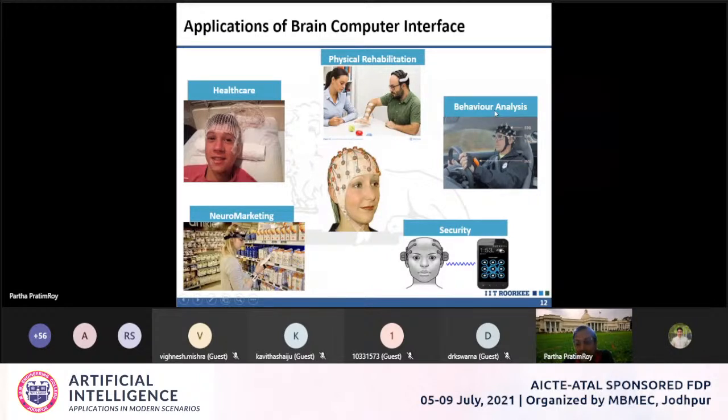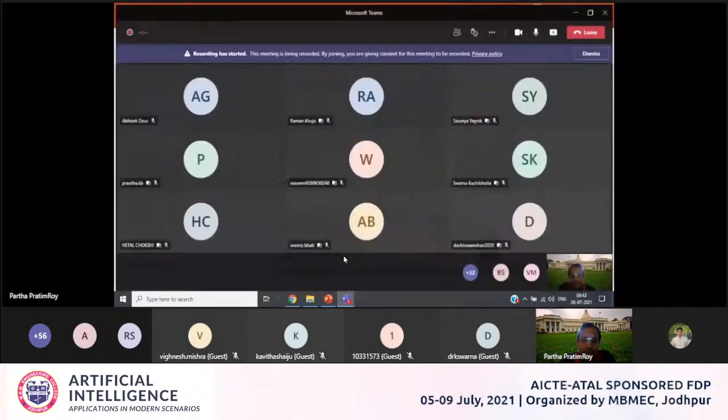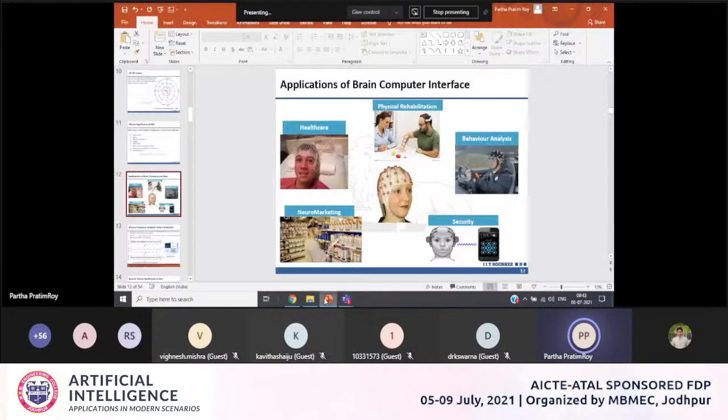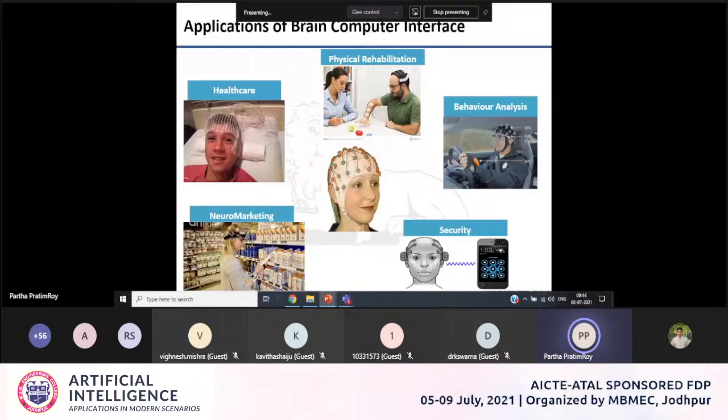Then behavior analysis. For example, someone is driving, so he might be very stressed or maybe fatigued. If these kinds of stimuli are there, that he's very stressed, that information will be reflected in EEG.